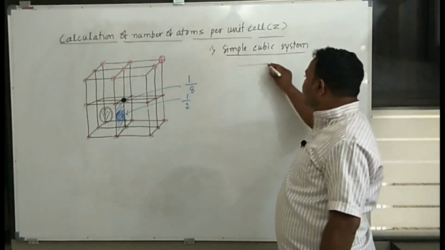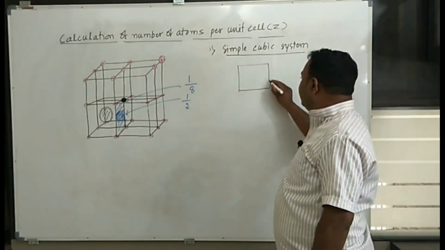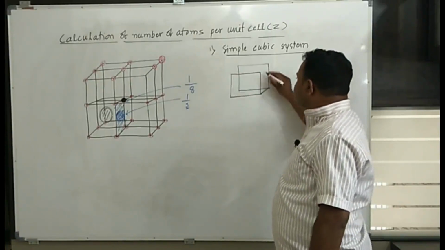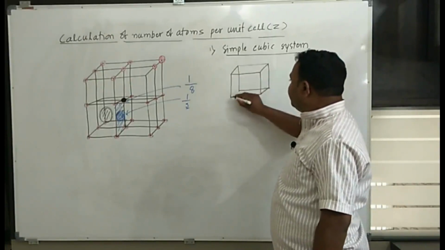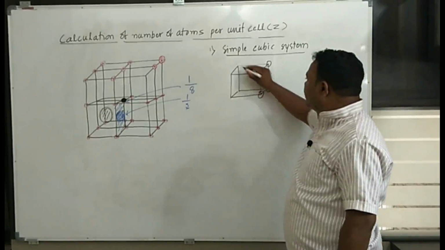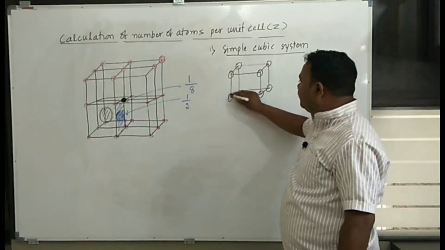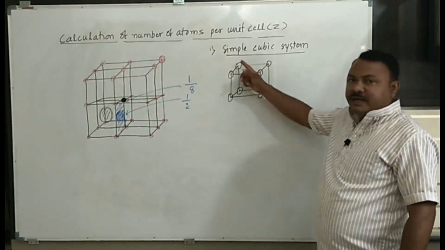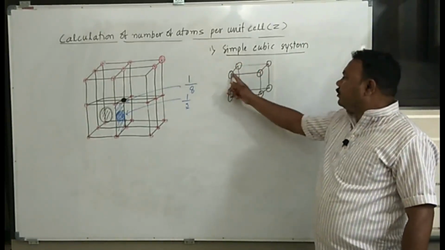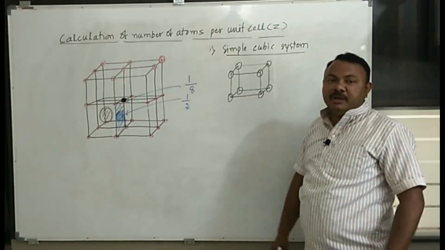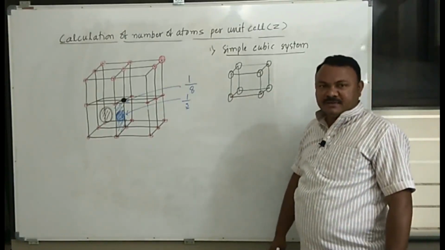For this, I am going to consider a diagram of the simple cubic system. We have particles only at the corners. Count the number of particles: 1, 2, 3, 4, 5, 6, 7, 8. Totally 8 particles in this primitive or simple cubic unit cell.